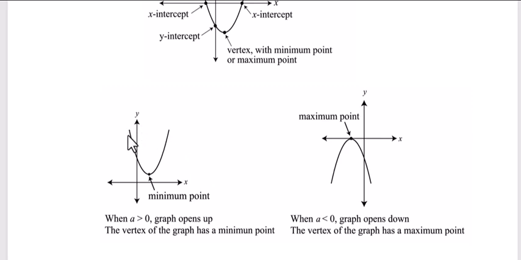When a is less than 0, the graph opens down, so the vertex of the graph has a maximum point.